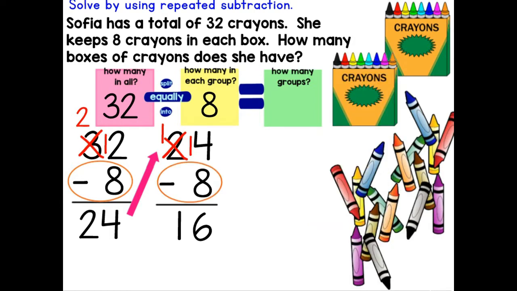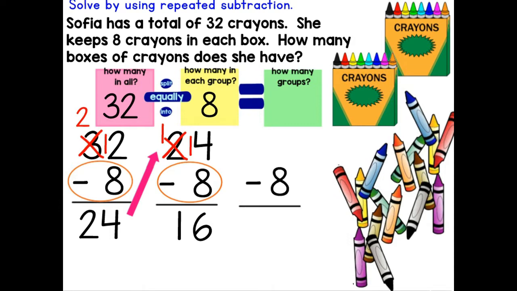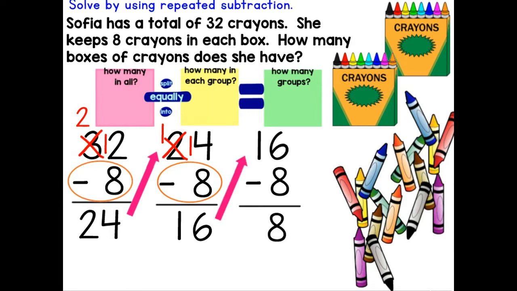So Sophia has put another 8 crayons away in their box. Now she has 16 crayons left in a mess that she has to put away into groups of 8. So we're going to do 16 minus 8, which is 8.